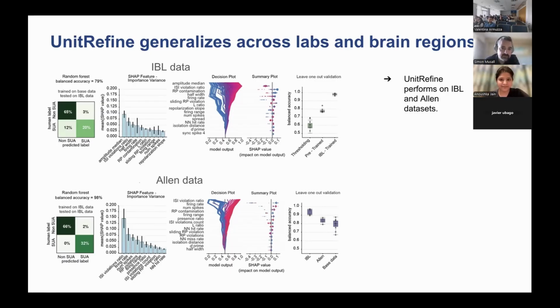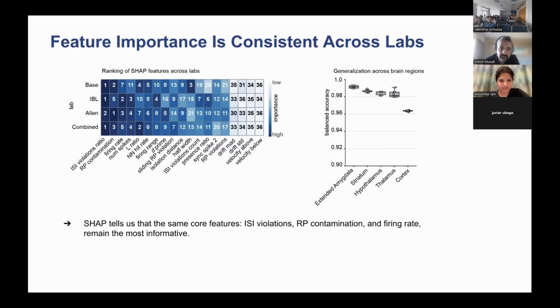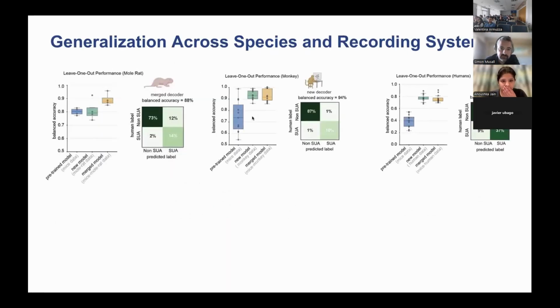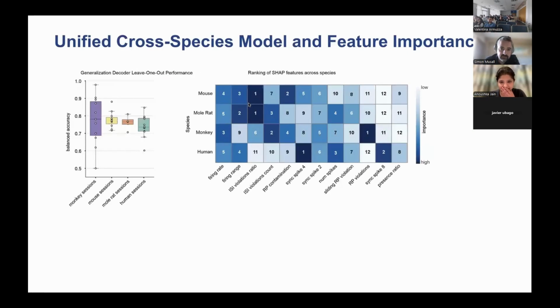Okay, and then the color scale that we have. Yes. The darker they are, the more important that feature is for the classification. What I mean by that is for the mouse and MORAD, ISI violation is a very important metric for correct classification.